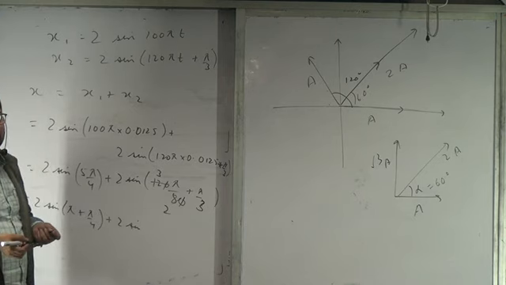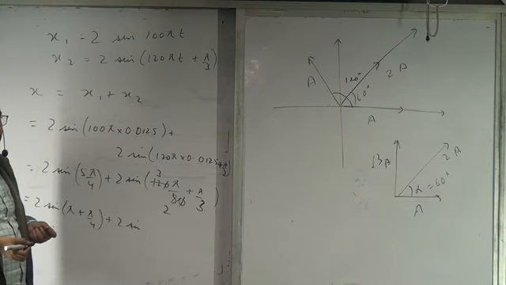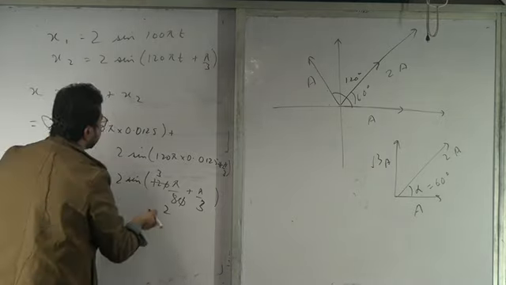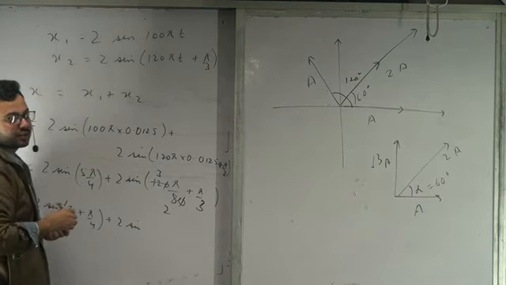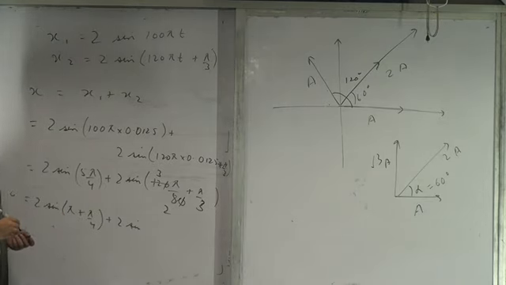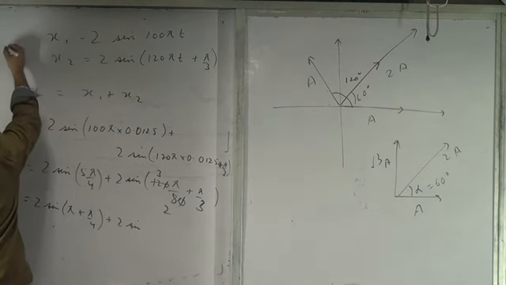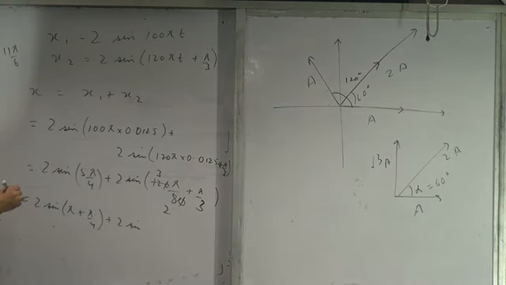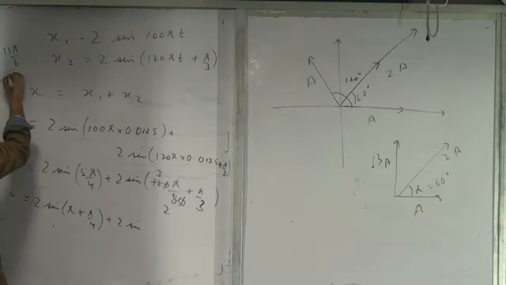That is 11 pi by 6. So 11 pi by 6 is how much? 11 pi by 6 would be pi plus 5 pi by 6.